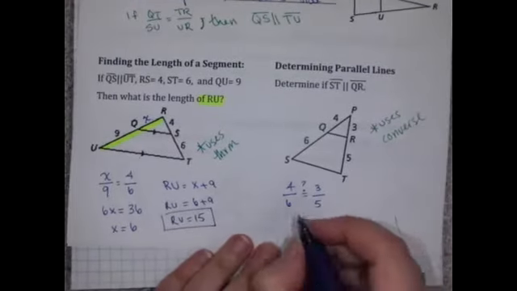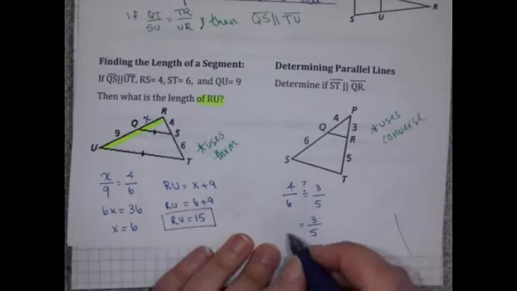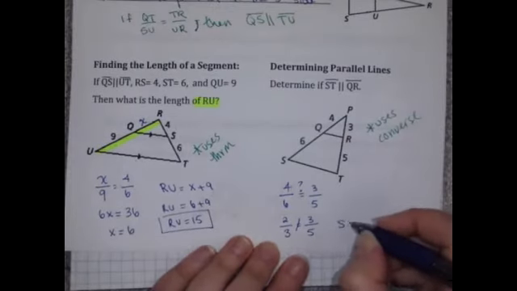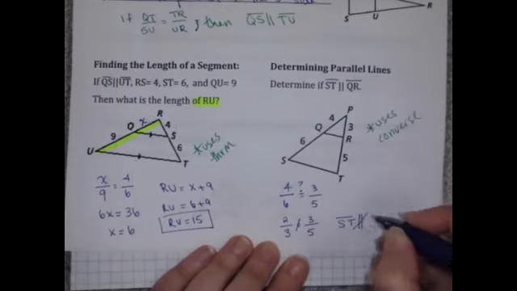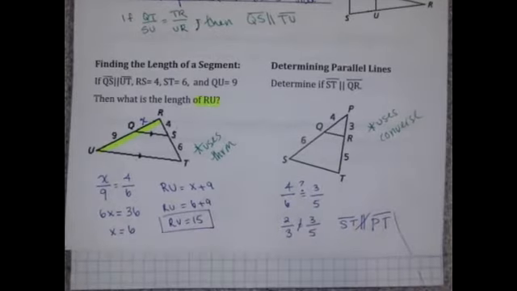You can't reduce 3 over 5, but you can reduce 4 over 6, which gives you 2/3. Those are not equal, so ST is not parallel to QR because of the triangle proportionality converse.